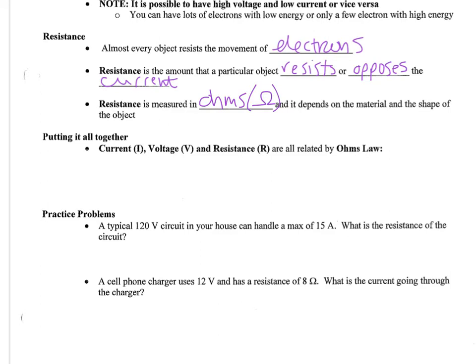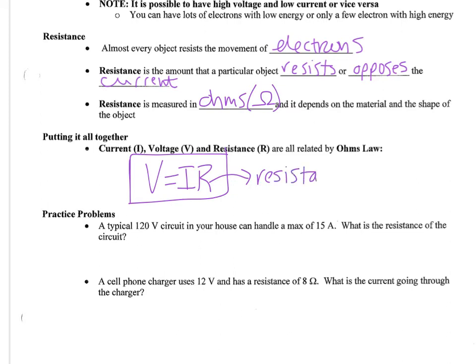So putting this all together, current, voltage, and resistance are all related by Ohm's Law. And this is an equation. V equals IR. That's an I, not a 1. R is resistance. I is current.